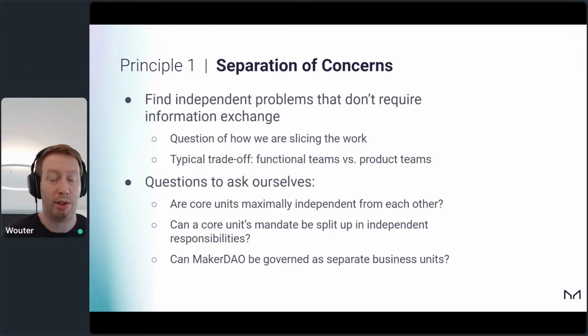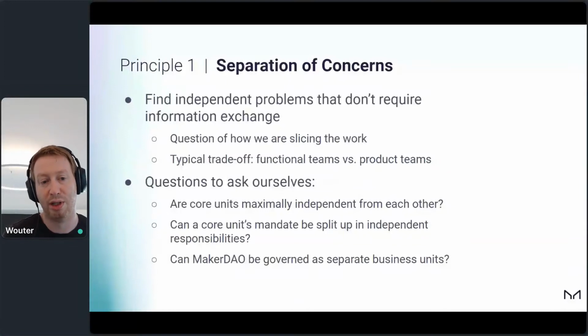So when people, or indeed computers, are working on a certain problem, we need to find the right kind of body of work, the right selection of tasks to be done, the right selection of problems to be worked on, so that the set of work or the set of problems is as independent as possible of other sets of problems or bodies of work. So the question here is really, how do we slice up the work?